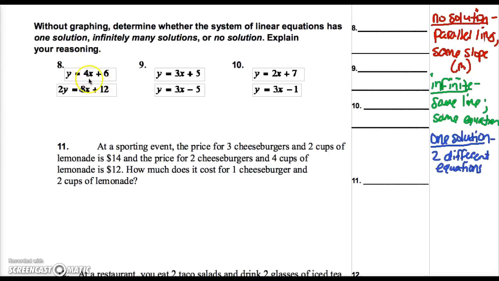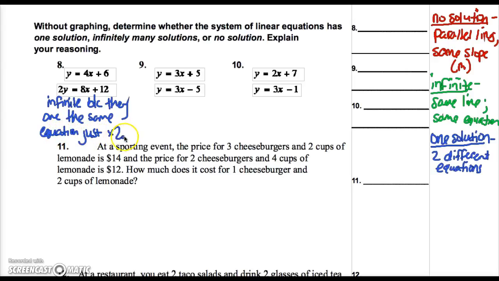Since they are the exact same equation, this would have infinite solutions. So I'm going to write this under here where I have more room. Infinite solutions, and we need to explain, and that's because they are the same equation, just multiplied by 2.